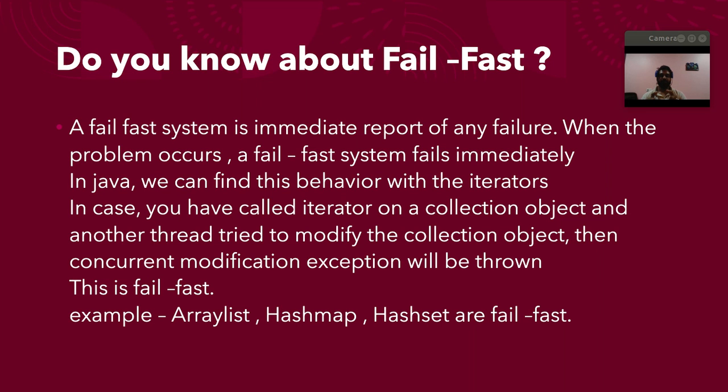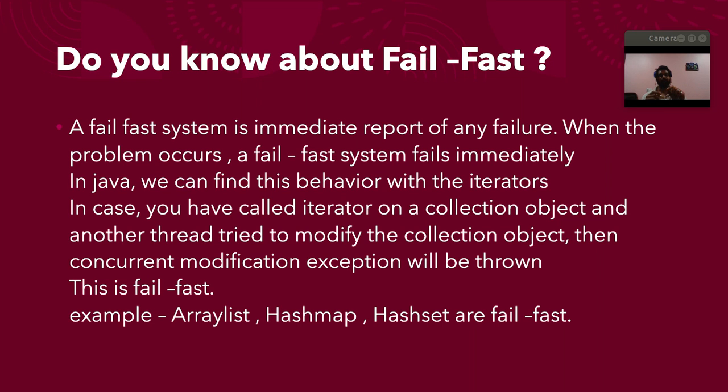But here is one catch. Inside fail fast, the iterator fails to iterate and gives the exception when any thread tries to modify the collection in which the iterator is iterating.